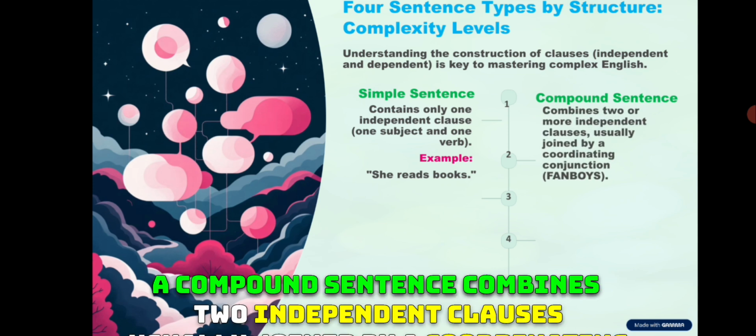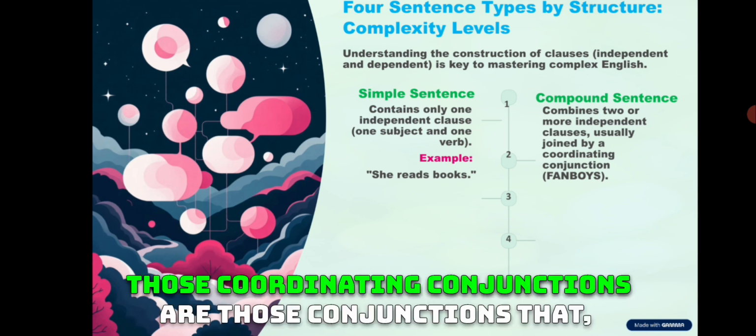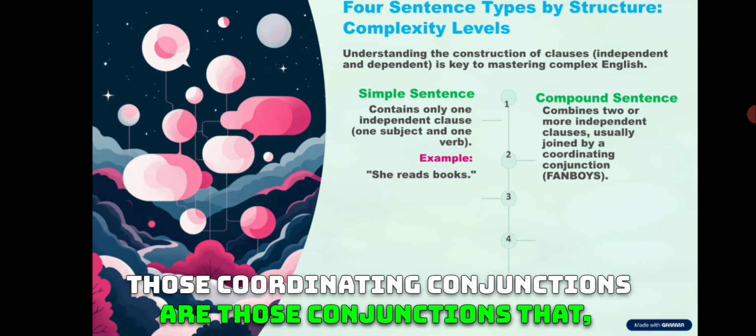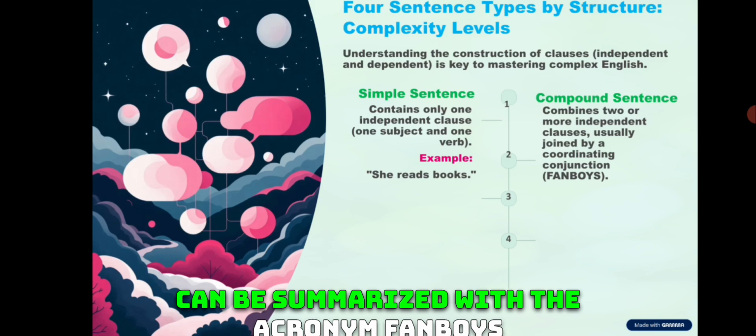The second one is the compound sentence. A compound sentence combines two independent clauses, usually joined by a coordinating conjunction. Those coordinating conjunctions can be summarized with the acronym FANBOYS.